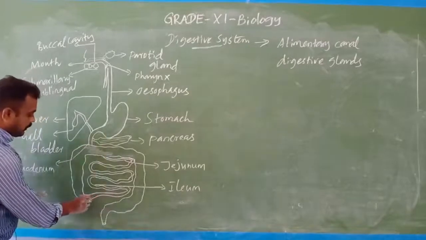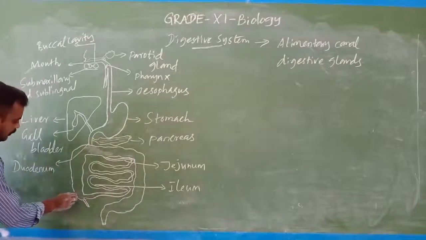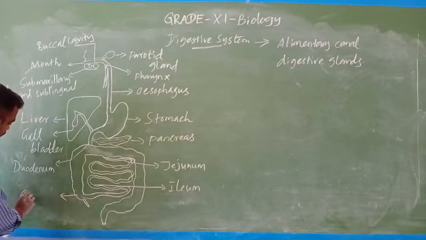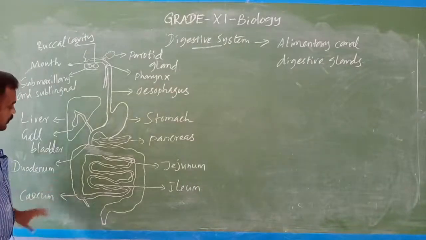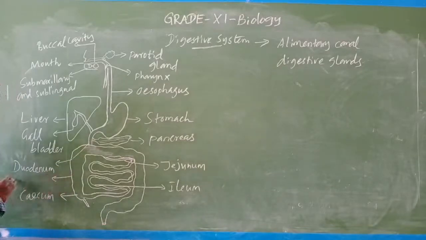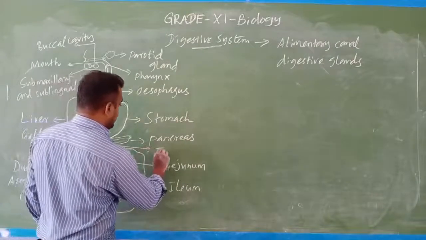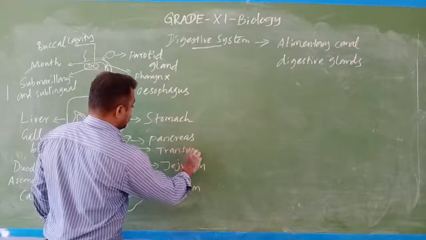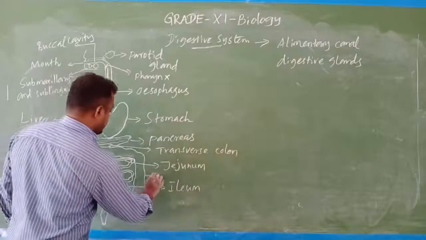Then the small intestine opens into the large intestine. In the large intestine first we have the cecum. The next one, the colon. This is the ascending colon, this one is the transverse colon, and this is the descending colon.